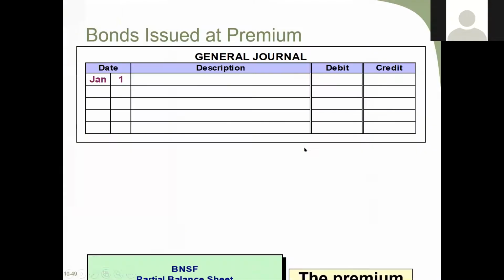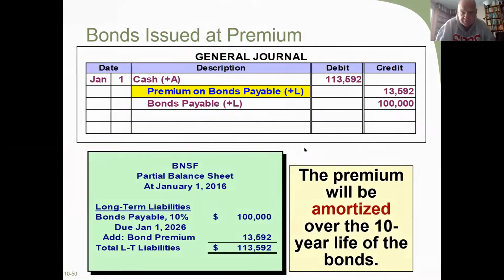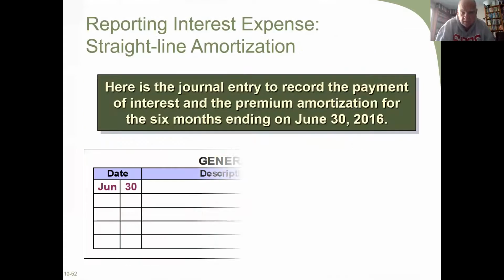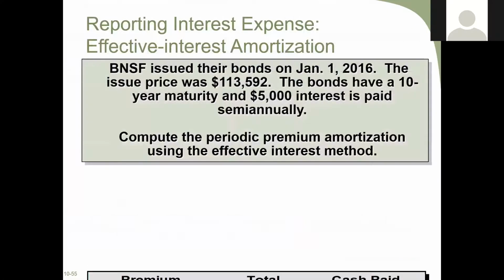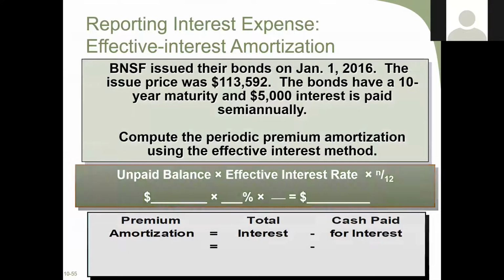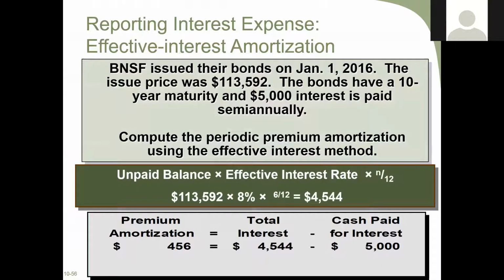So what do we say the formula was to get the total interest expense under the effective interest method? Previous book value times the market rate. There you go. It's as easy as that, huh? It's easy as falling off a chair, okay? Which I do occasionally.